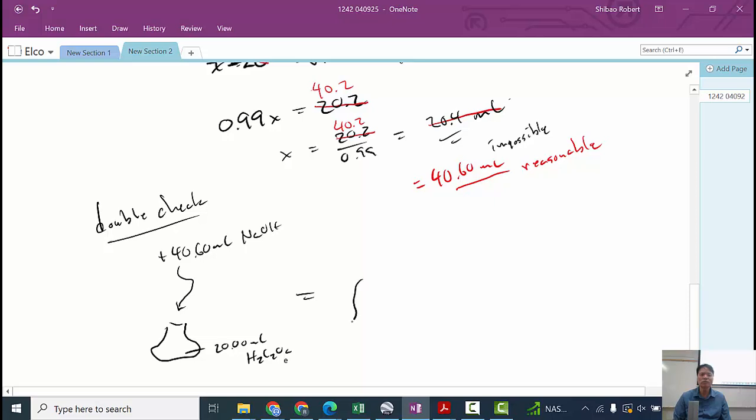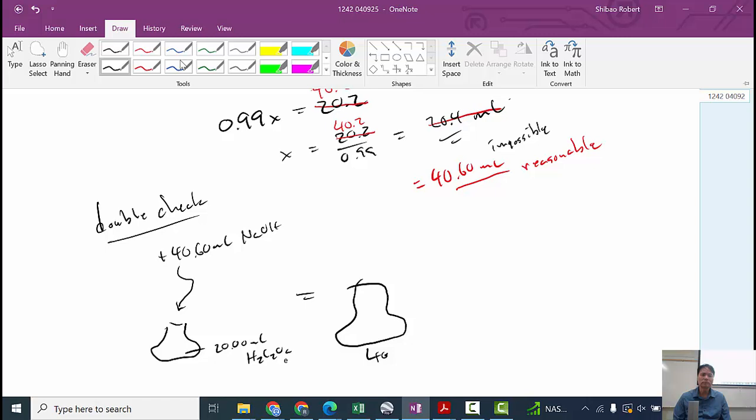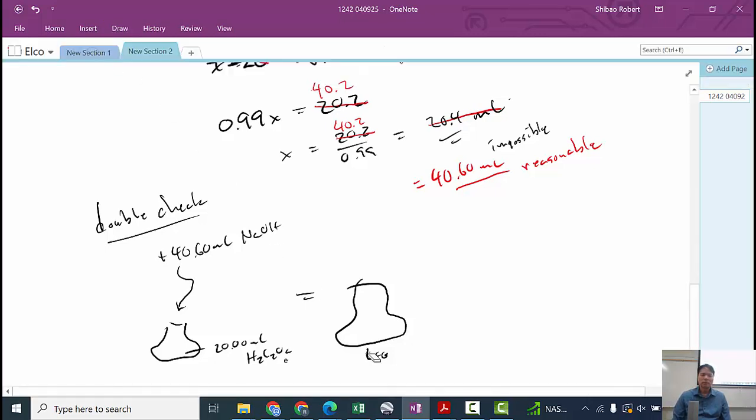That's going to give me a total volume of 60.60 milliliters.